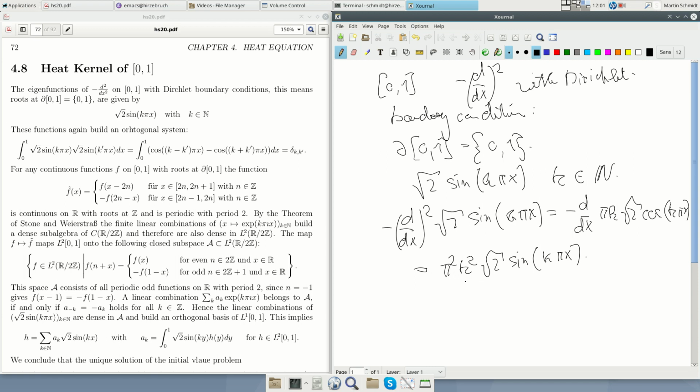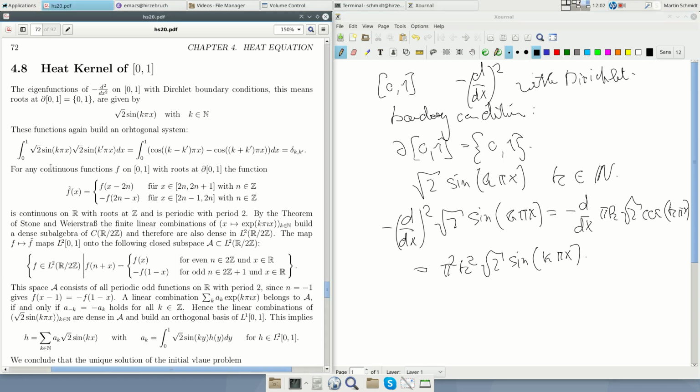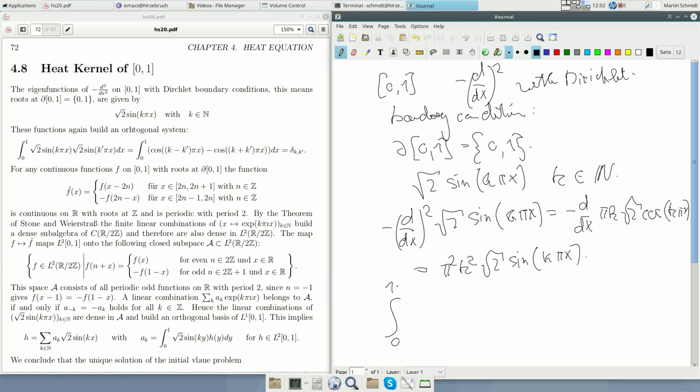And they form an orthogonal system. Here we calculate the integral from 0 to 1 of square root of 2 sine of k pi x times square root of 2 sine of k prime pi x dx.